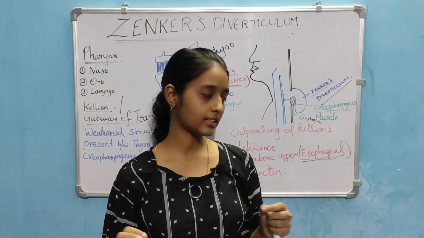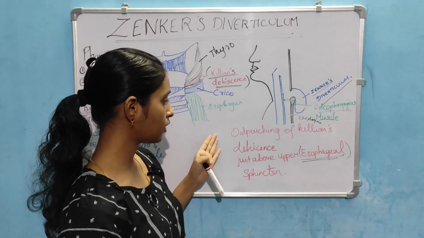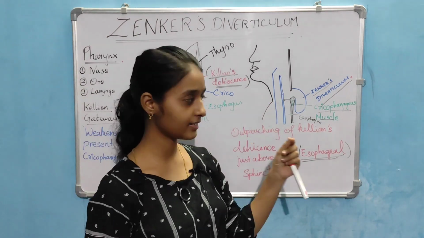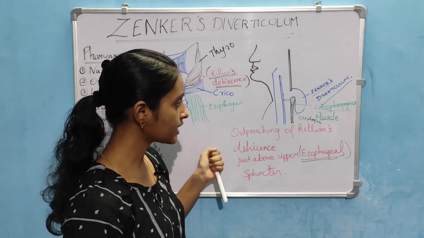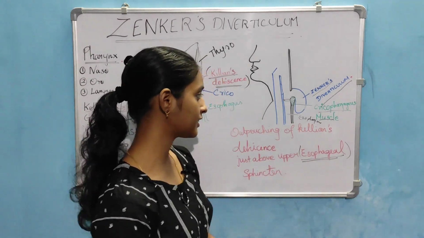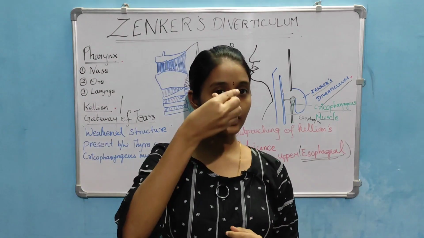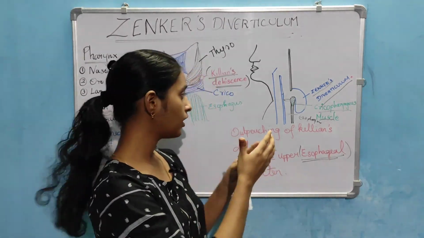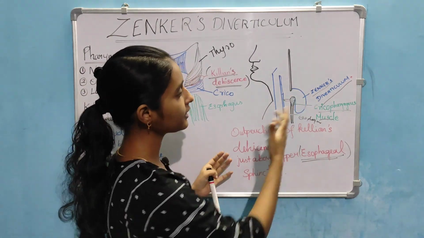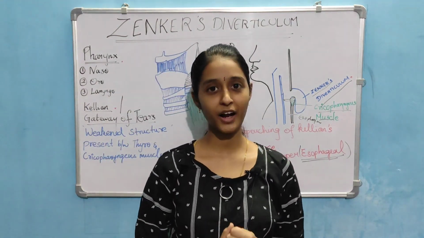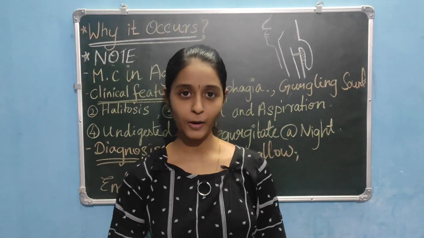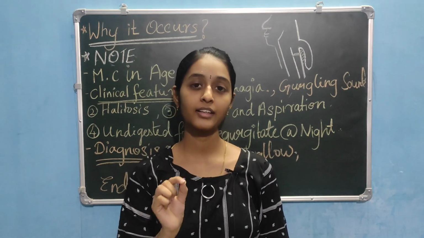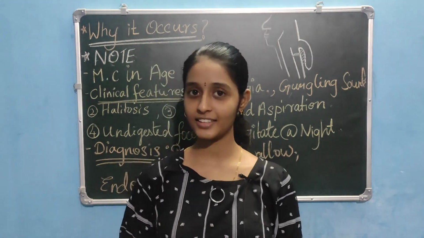So what is Zenker's diverticulum? It is the outpouching of Killian's dehiscence, occurring just above the upper esophageal sphincter. The esophagus has an upper esophageal sphincter, and just above that, Zenker's diverticulum occurs. Now we know about Zenker's diverticulum and its location, that is, Killian's dehiscence.